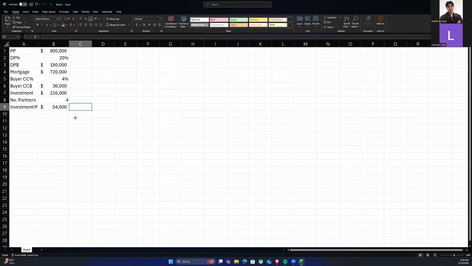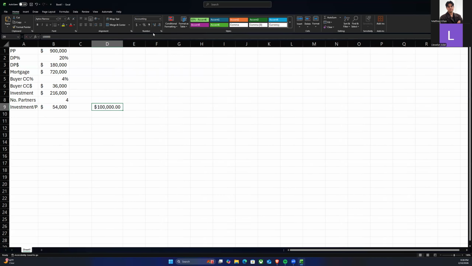Suppose you invested $100,000 into a property. So let's put 100,000. And in the end, you sold that property for 200,000. So let's put the 200,000 right under it.